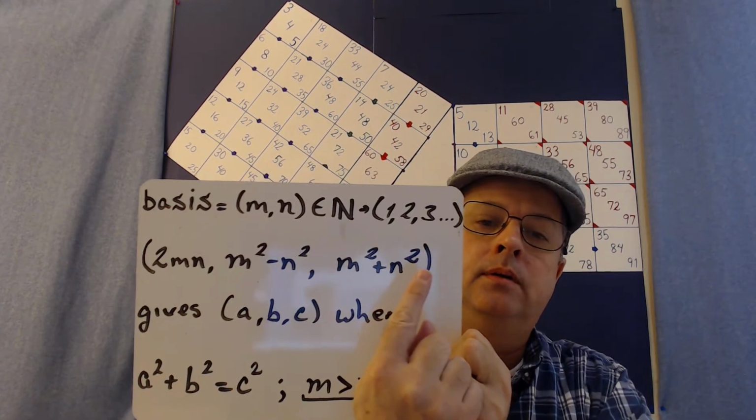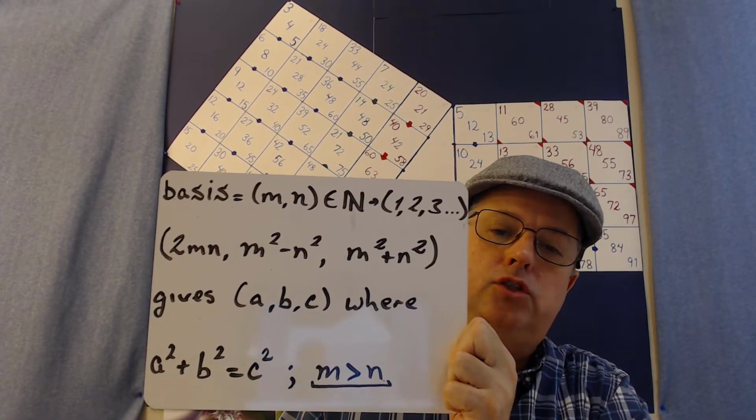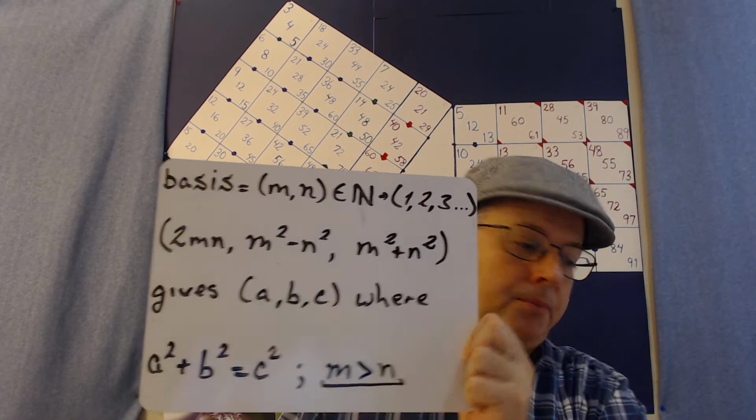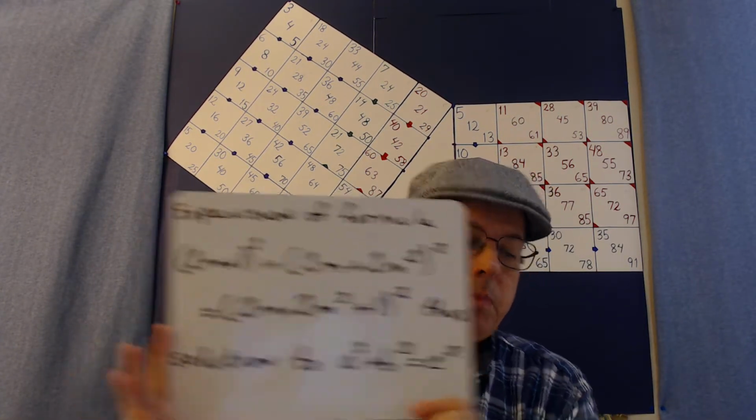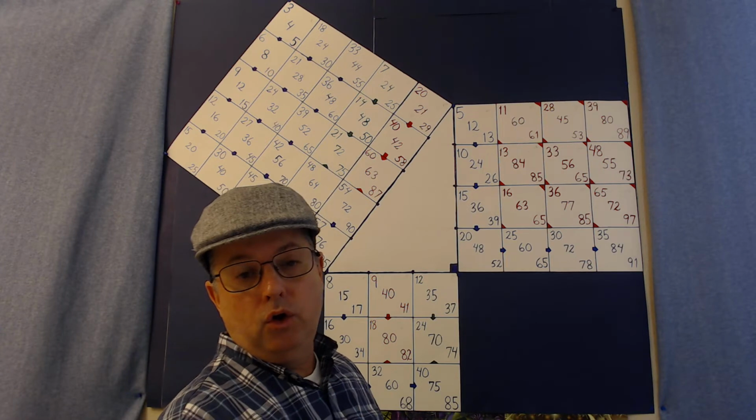Okay? All right. So what we want to talk about in this particular video is that this Pythagorean triple generating formula doesn't just generate certain Pythagorean triples, as did this formula here. If you look at the illustration on the back here, we have 16 primitive Pythagorean triples.